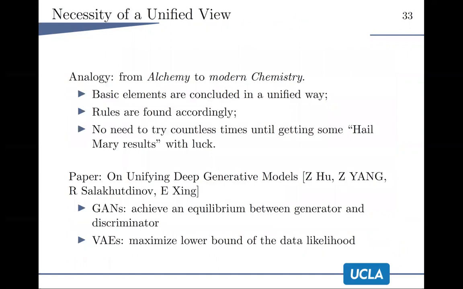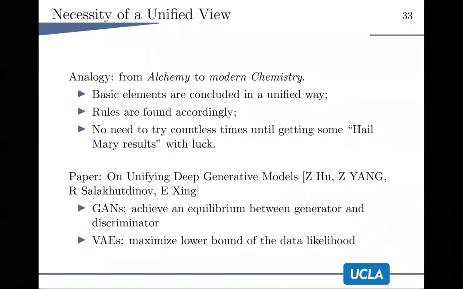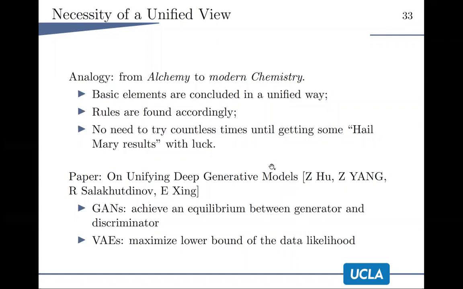And next we are going to try to unify the different models into a similar framework, because they don't look that similar to each other. An analogy that was mentioned in Professor Xing's lecture is that this effort is trying to move from alchemy to modern chemistry.